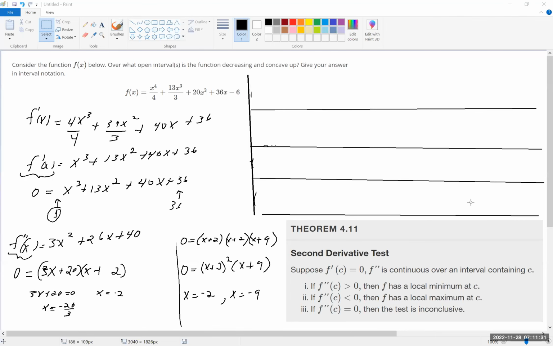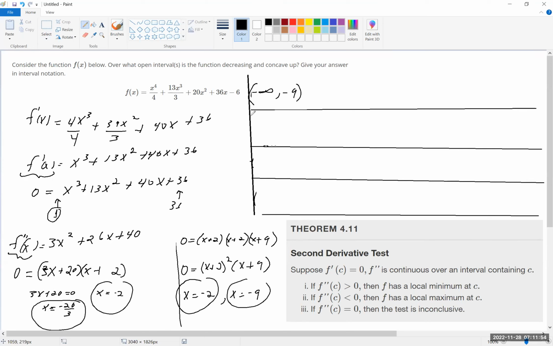Okay, so what I'm going to do now is take my critical values and create some intervals. So we're going to start from -infinity to -9. I'm going to put these in order.